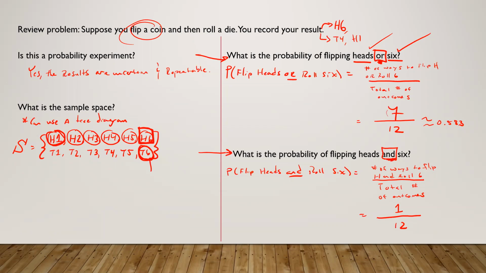And then the next question I asked was, what was the probability of flipping heads and rolling a 6? What did we say? Looking on the screen, what's the answer to that one? Yep, thank you. So just keep these in the back of your mind, because we're going to rework these problems a little bit differently than we did with the sample space. So just hang on to them.